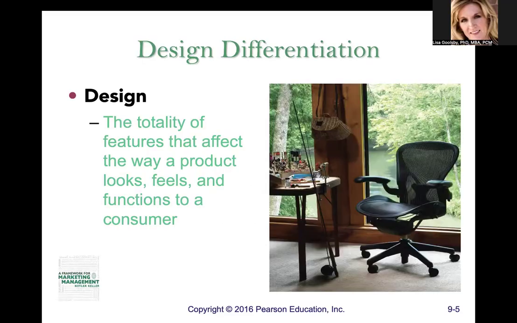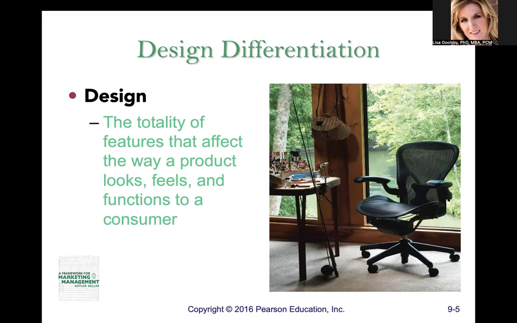We also have design differentiation, and you see that with cars. Now, some cars, when I look out there, seems to me a lot of them are trying to look very similar to one another, but you can have differentiation in the design. And I would almost say that the Tesla truck is a product that really looked at design differentiation.